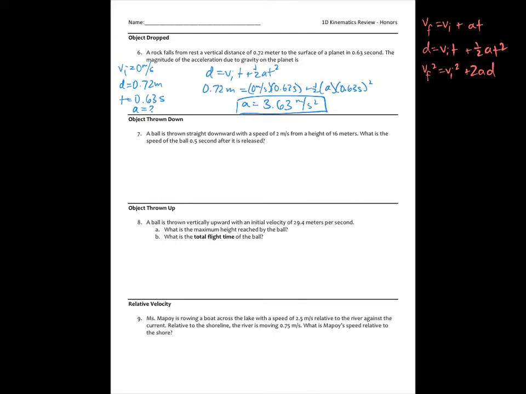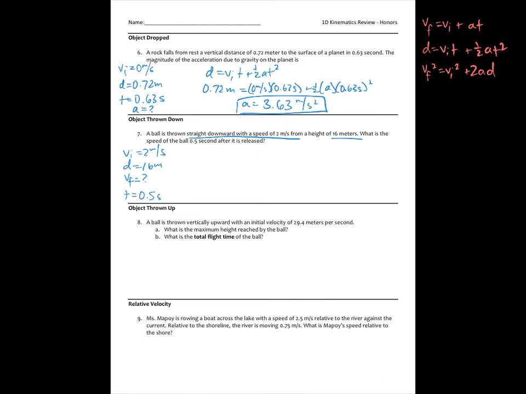Alright, now with an object thrown down, your initial velocity won't be 0. This time you're giving it an initial velocity. You're thrown straight downward with the speed of that. And the height of the building is 16 meters. But we're looking for the speed of the ball after this time.